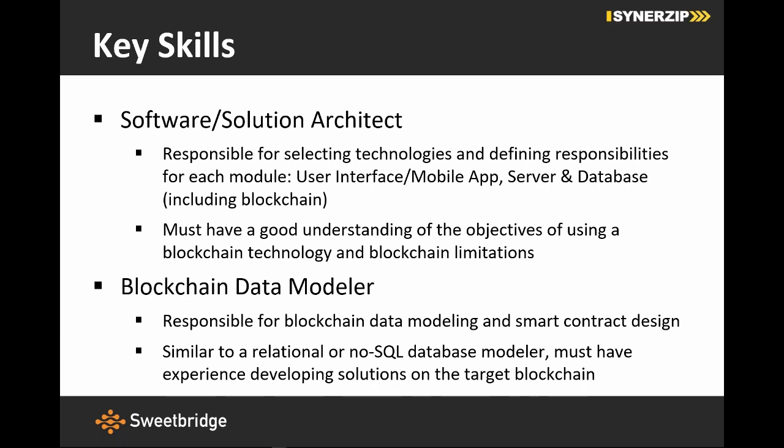And then it's really important, just like a good data model in a relational database or on MongoDB or a NoSQL database, you really need a good data modeler for the blockchain. Again, there are attributes just like there are in a database. There are smart contracts, the equivalent of stored procedures.